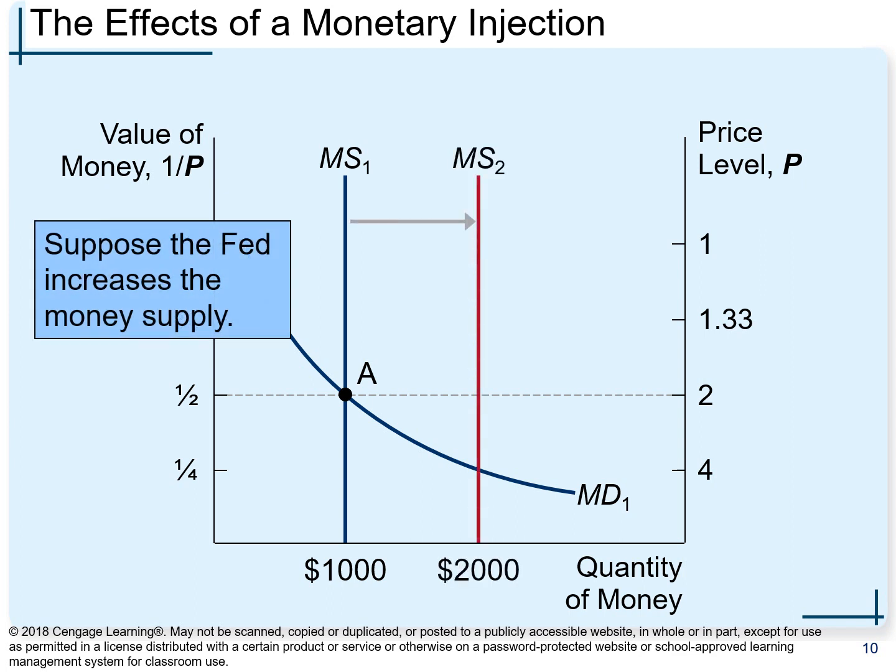If the money supply goes up, suppose the Federal Reserve increases the money supply, then what? The value of money goes further down. It goes further down, right?